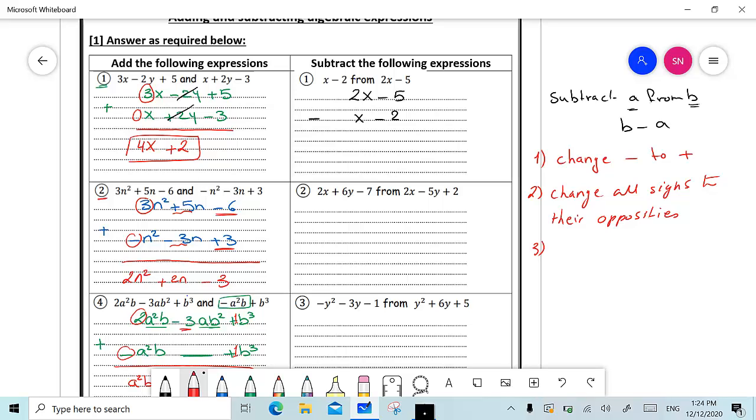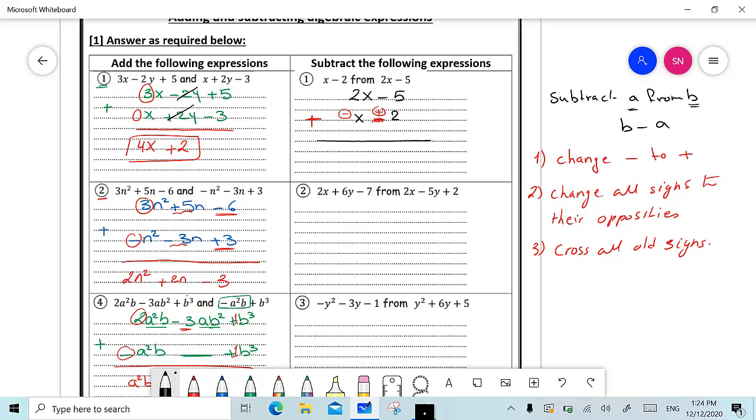And the third step is that we cross all old signs in order not to get confused. So now I'm going to change the subtraction to addition and change all the signs. Here I have positive, so it is negative. Here I have negative, so it is positive. And don't forget to cross the old sign.